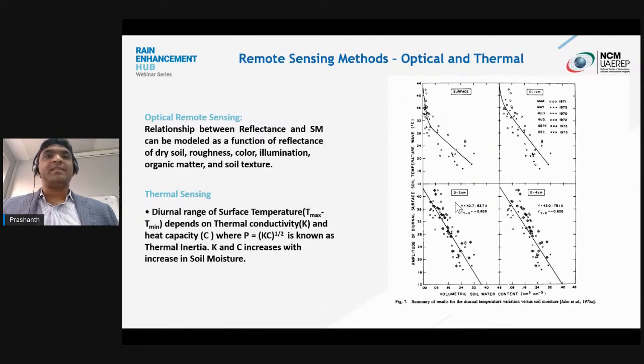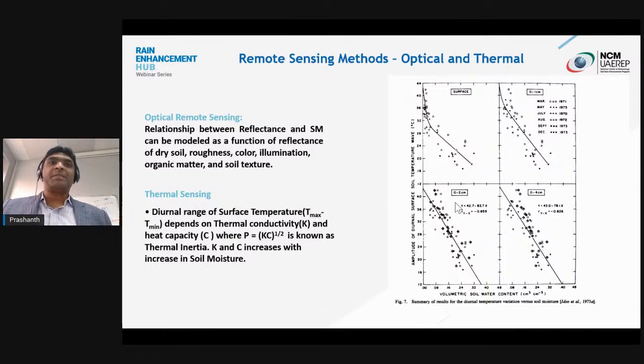Thermal sensing again doesn't work when you have clouds, but it offers a nice alternative to optical remote sensing here, because whenever the soil has moisture, the thermal conductivity of the soil and the heat capacity of the soil change, and the thermal inertia changes accordingly. This is directly related to the changes in the surface temperature between day and night, for instance.